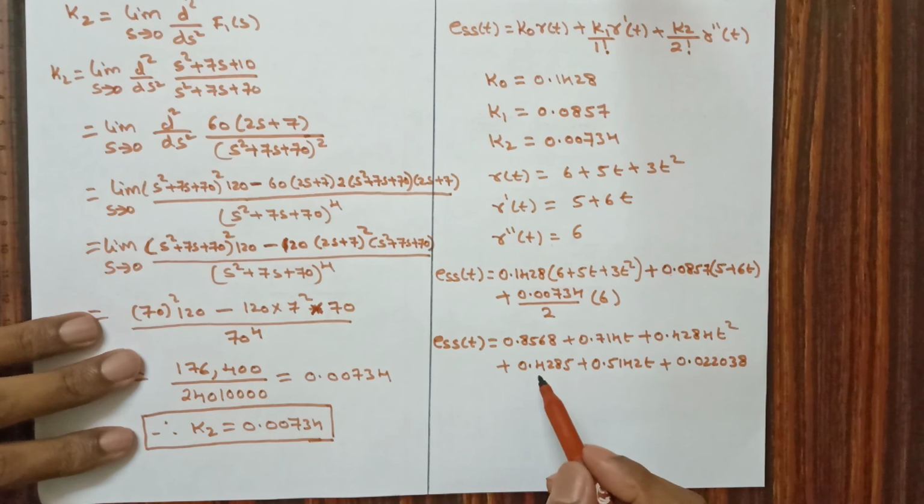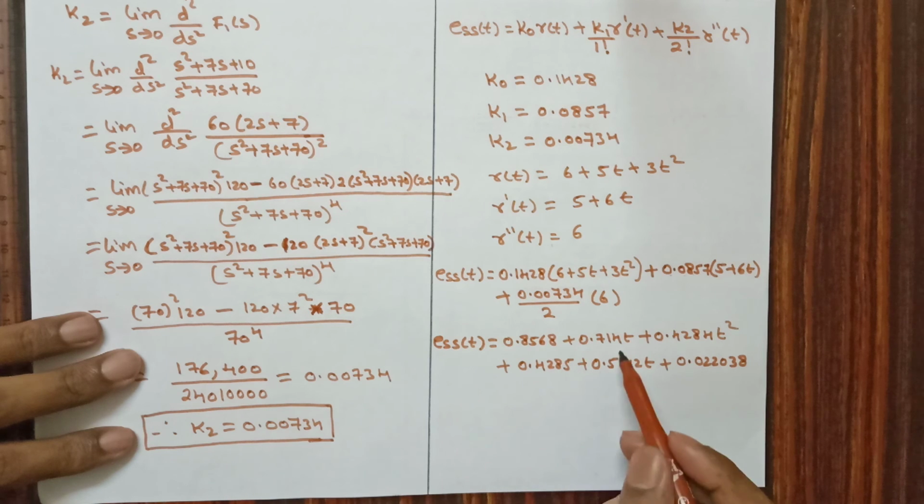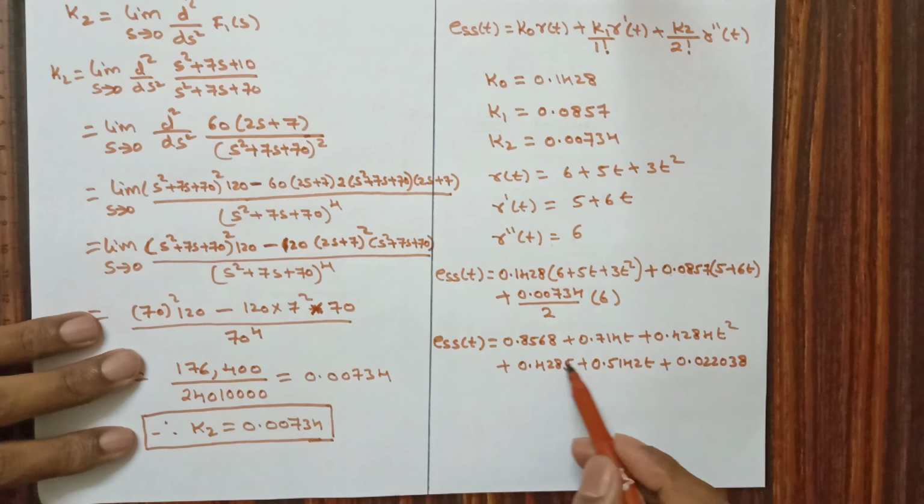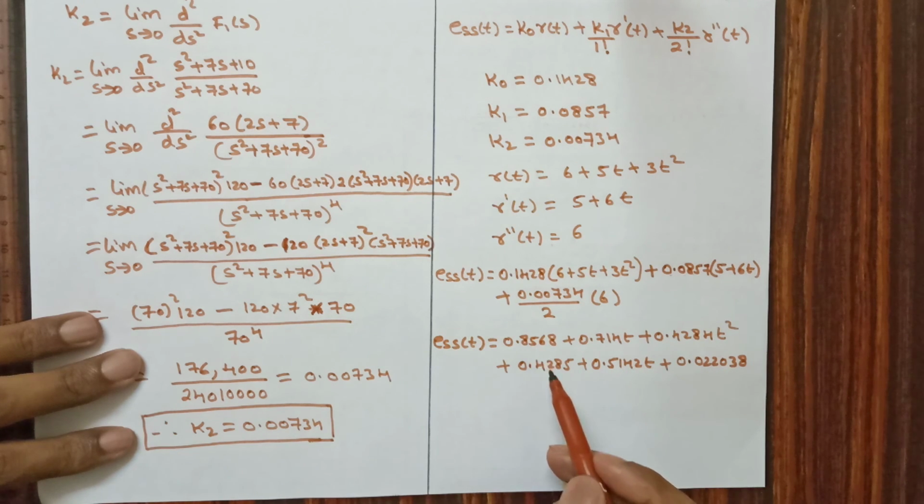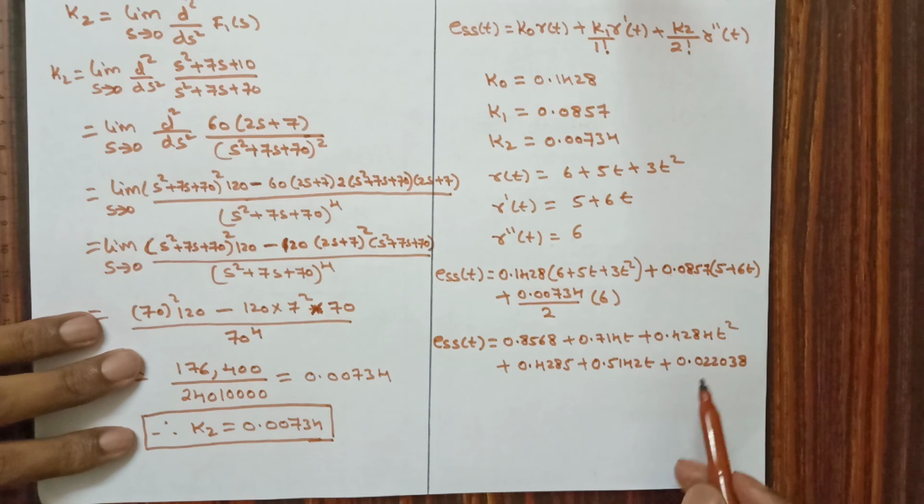Now in this you can see that, considering all t values, t square and constant values, one t square value is there and two t values are there.